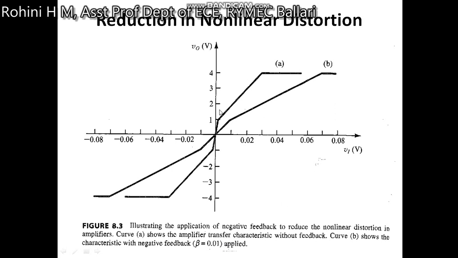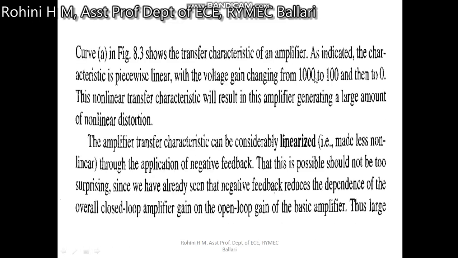And curve B shows the characteristics with negative feedback when beta equal to 0.01 is applied. So this B curve is the one when the feedback circuit gets added. A is without feedback, B is with feedback.